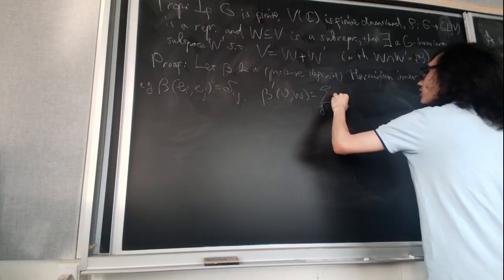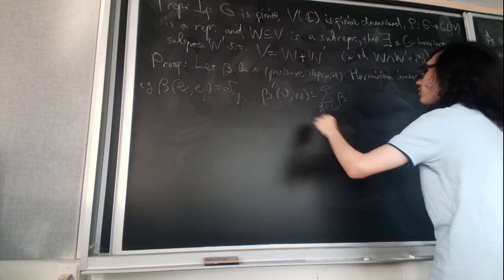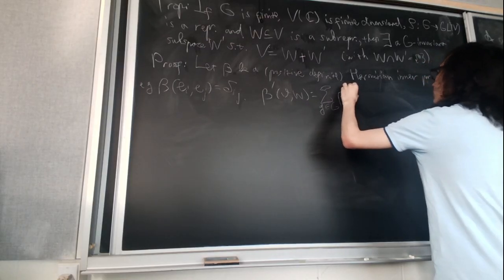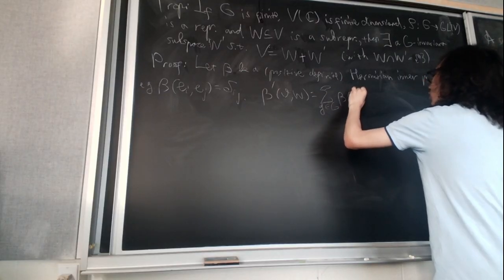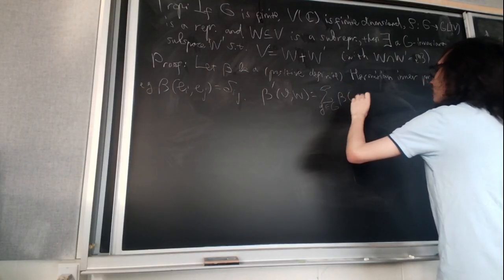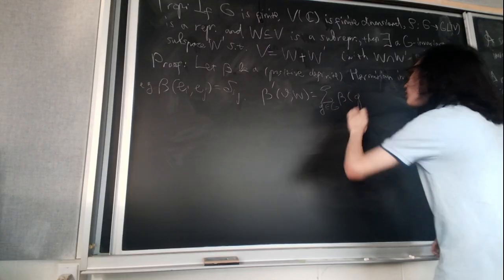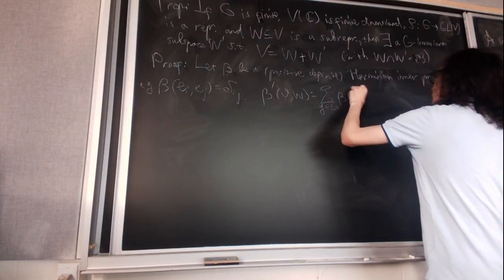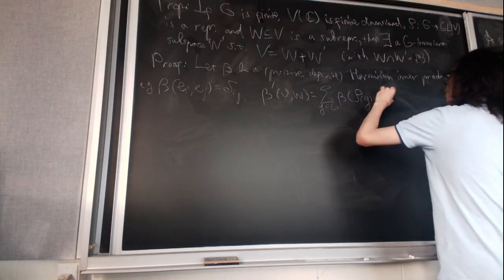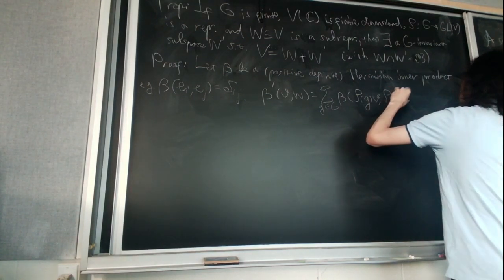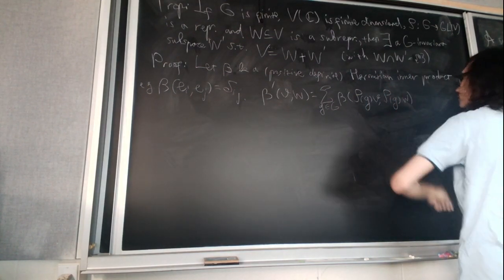So beta prime of v and w is equal to the sum over all g of beta of rho of g v, rho of g w.